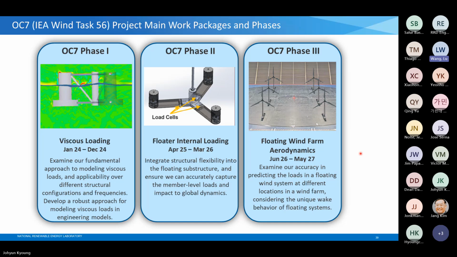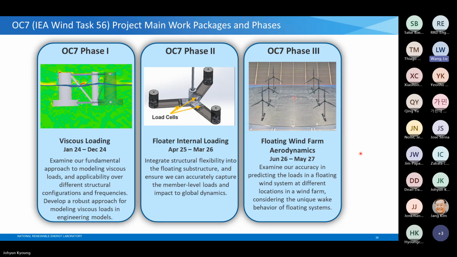The more recent OC projects, such as OC6 from 2019 to 2023, and the current OC7 project started to focus more on specific phenomena, while still remaining at its core a collaborative V&V project.